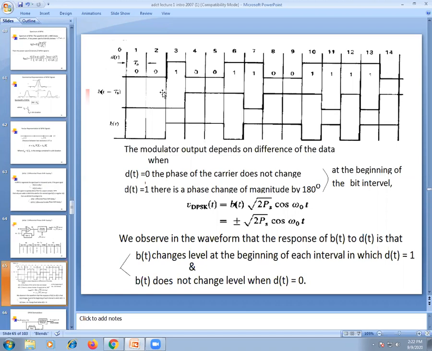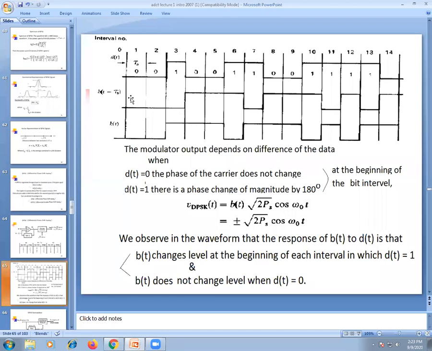These are bit durations, and in the bit durations you can assign the bits. The bits are data. The given data D of t is 0, 0, 1, 0, 0, 1, 1, 0, 0, 1, 1, 1, 1, 0. Suppose initially the output of the XOR gate, which is given to B of t minus T b, is 0.